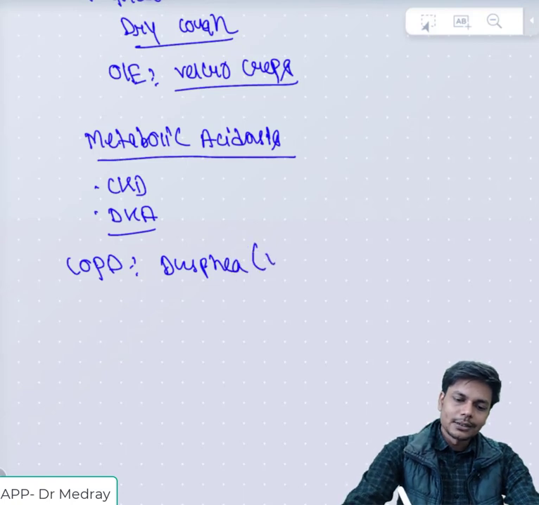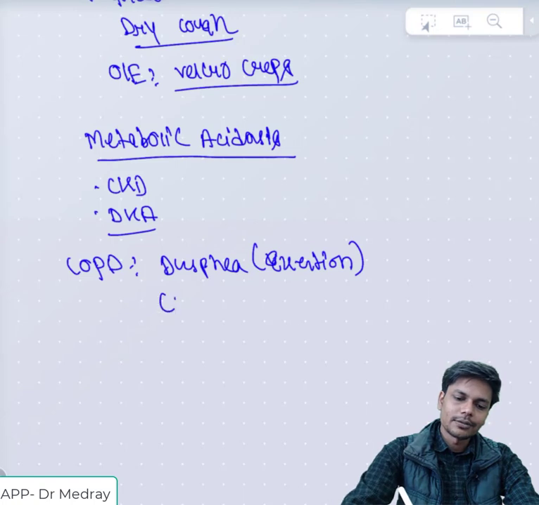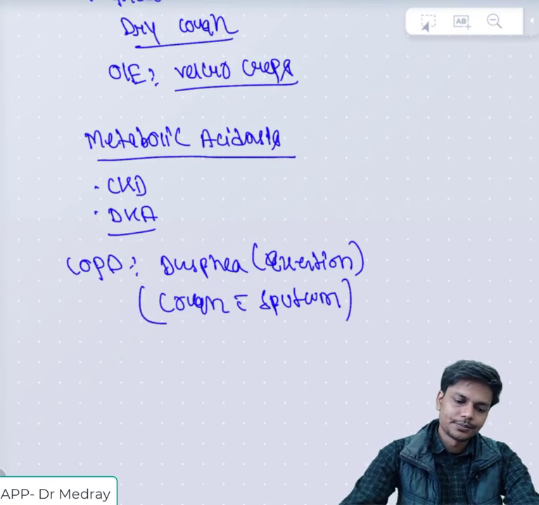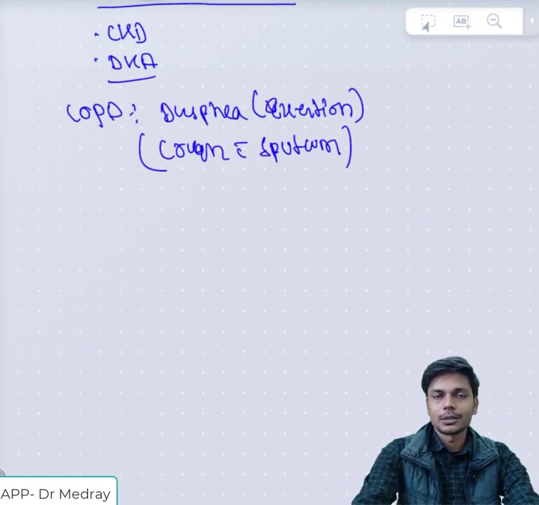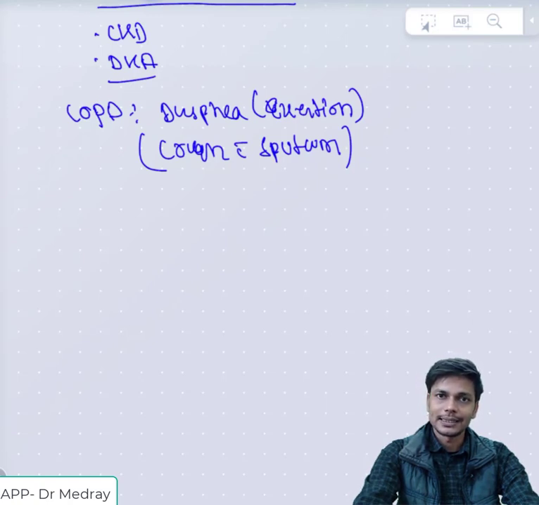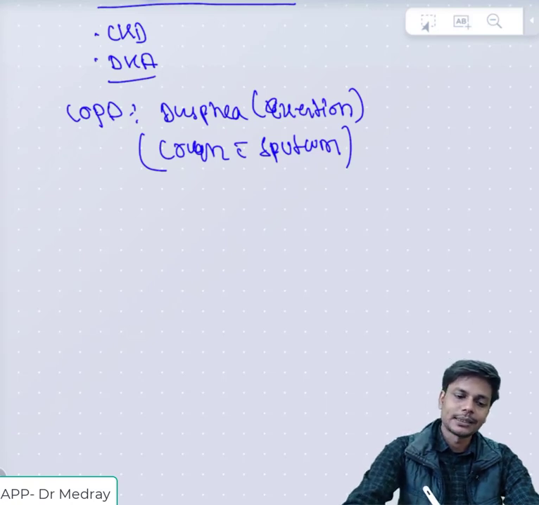In a patient of chronic obstructive pulmonary disease, there is dyspnea. And this dyspnea is usually exertional dyspnea along with cough with sputum. As we have discussed, there is history of cough with sputum. In bronchiectasis there is a large amount of cough. In emphysema there is usually a lesser amount of cough, and there is dyspnea on exertion in a patient of chronic obstructive pulmonary disease.